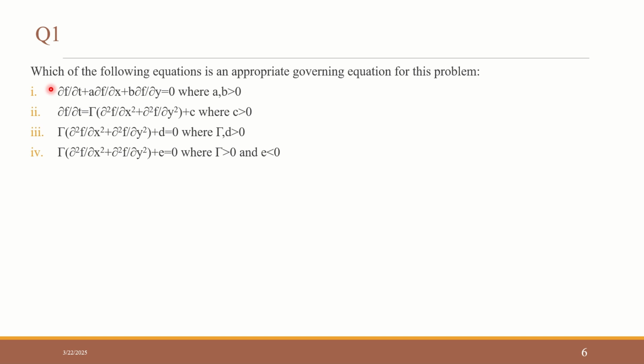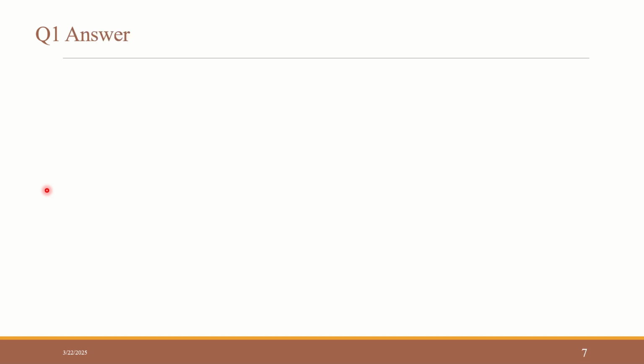Options are: option A, 1; option B, 1 and 2; option C, 4 only; option D, 3 and 4. We already saw that equations 3 and 4 are the only ones suitable for our system. So option D, 3 and 4, is the right answer. We will just see how that is.